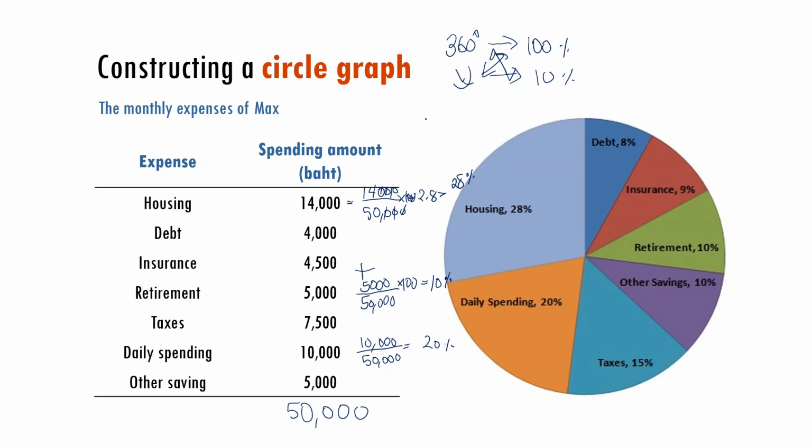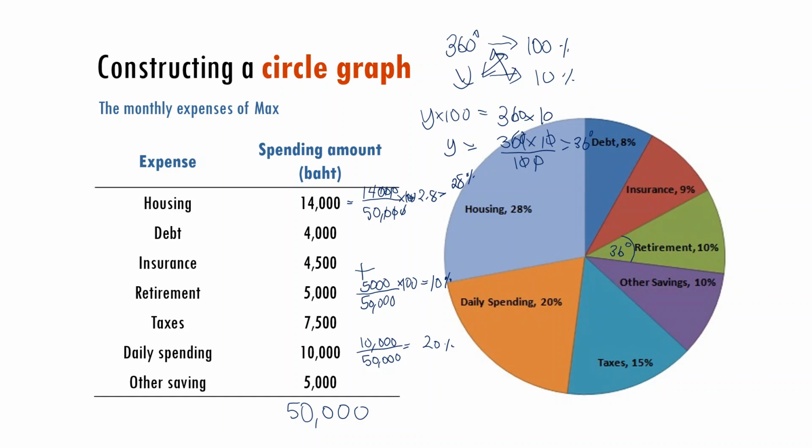So y multiplied by 100 should be equal to 360 multiplied by 10, and y should be equal to 360 multiplied by 10 divided by 100. Now I get y equal to 36 degrees, which means the retirement at 10% is going to be 36 degrees here.